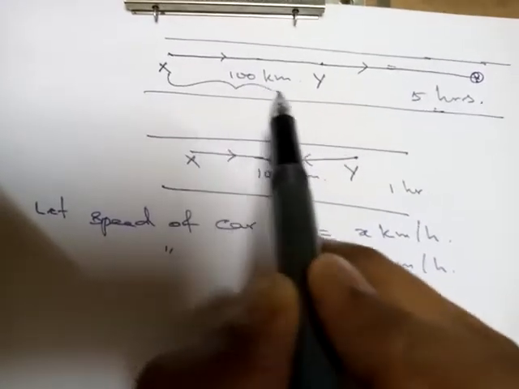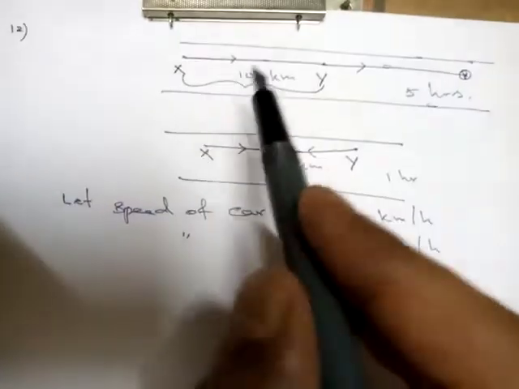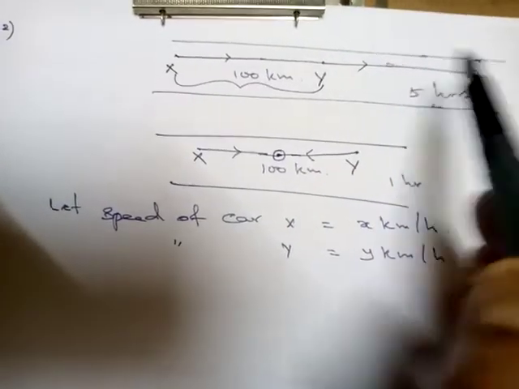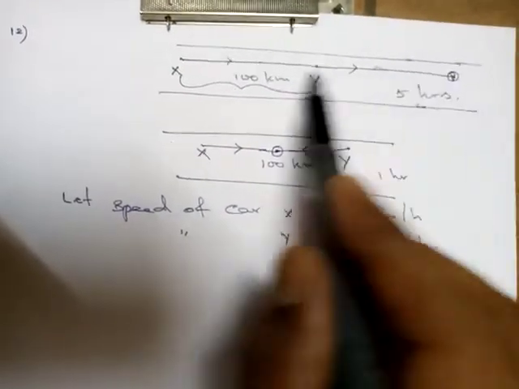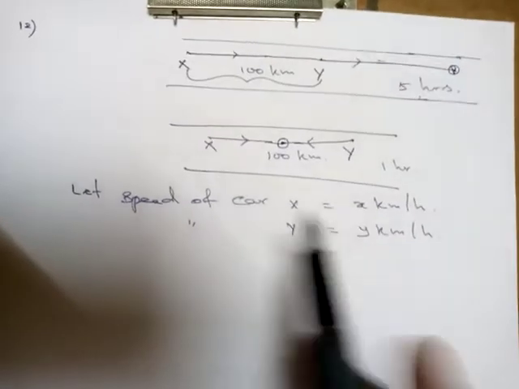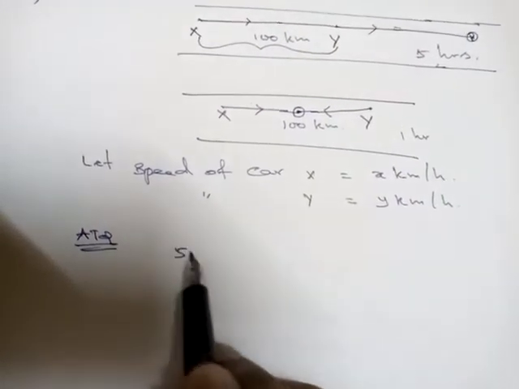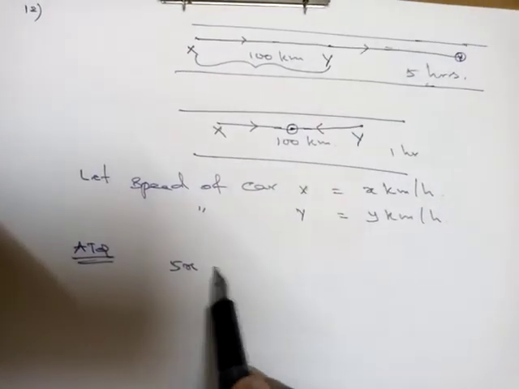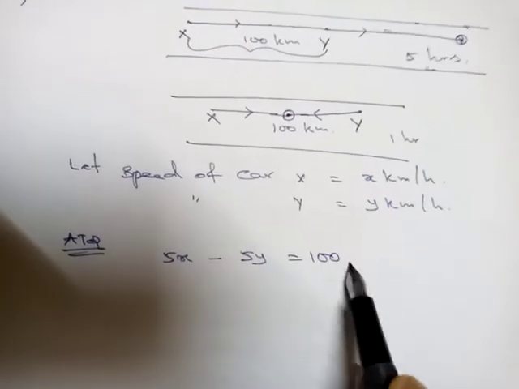I am finding this distance only. So how can you find this distance? From here to here, from here to here, subtract these two, you will get this one, correct? So the distance traveled by x is nothing but what? 5 hours with the speed x, so 5x. According to the question, 5x, the distance traveled by car x, minus 5y is equal to 100.